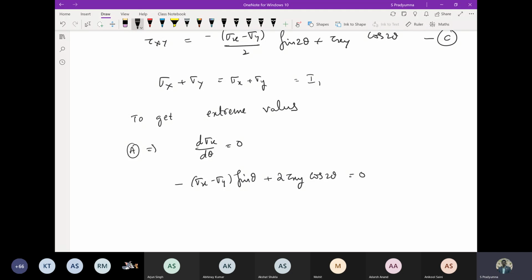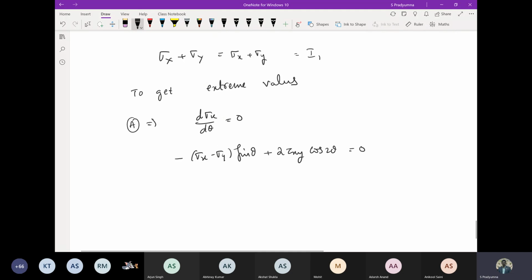Sorry, it's not sine theta, it's sine 2 theta. Therefore, I can write this as tan 2 theta is equal to 2 tau xy divided by sigma x minus sigma y.